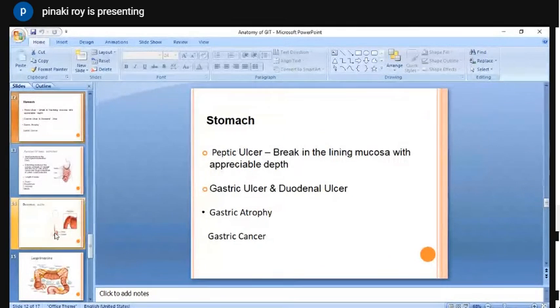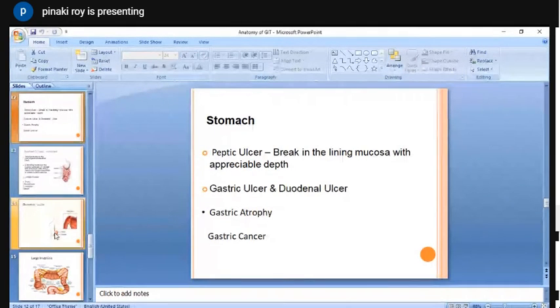Most of the time, the malignant ulcer which is usually found in the stomach is mostly a cancer ulcer. That is, from the start it was cancer. Cancer presented as ulcer. But sometimes a long-standing gastric ulcer may ultimately develop cancer also. That is called ulcer cancer. That is around 1% of cases. So that is one thing.